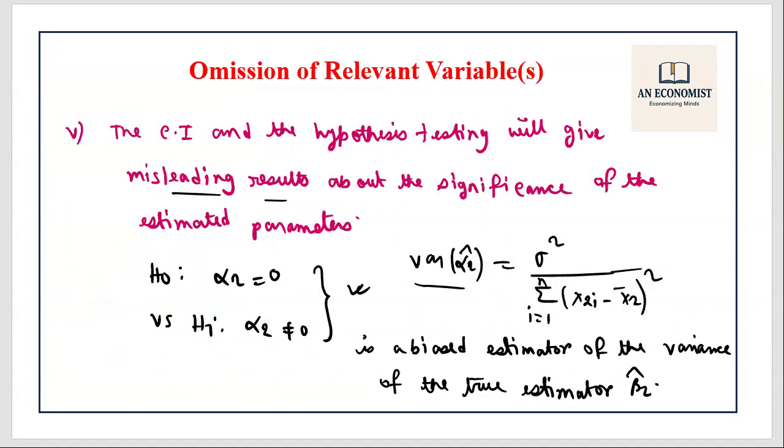Now you see that the variance of alpha 2 will be a biased estimator of the variance of the true population parameter if you omit the relevant variable x3 from your model. So if the error variance is not correctly estimated, the t statistic that you will compute will also be incorrectly estimated, as a result of which confidence interval and hypothesis testing, whatever you do with your model, will give you misleading answers. This proof will be given in the next video.